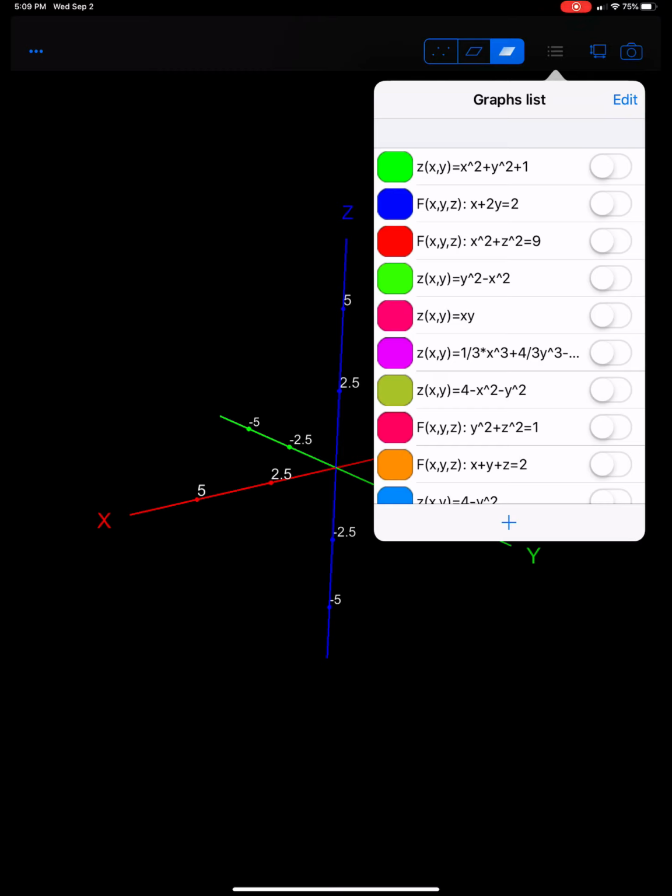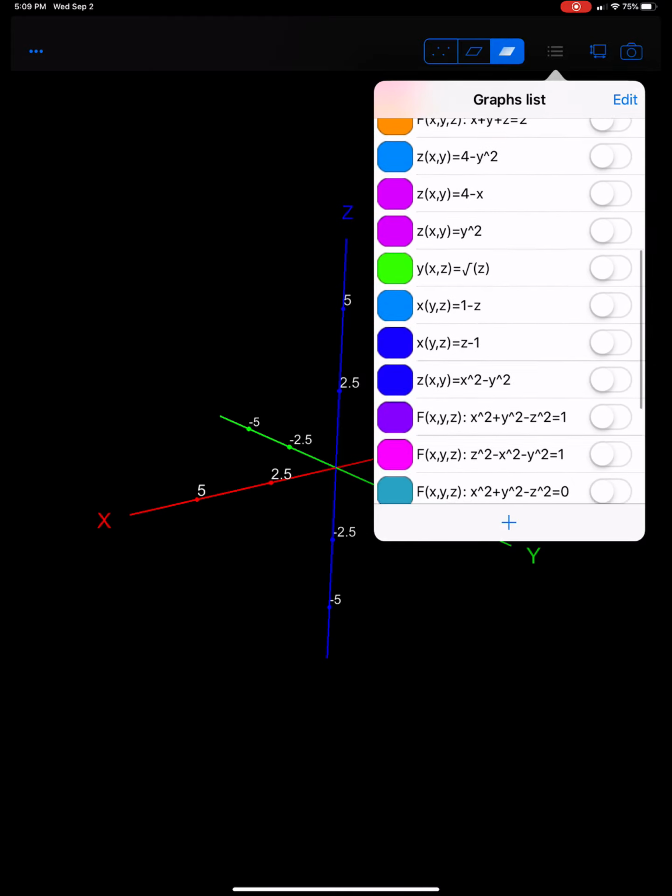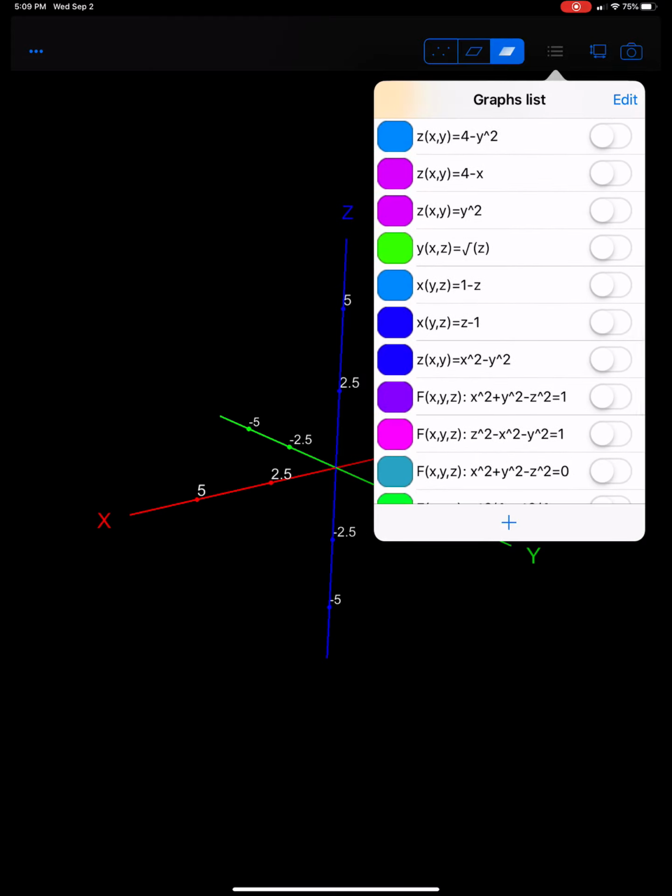So z equals 4 minus y squared, that should be like what we had before, a parabola that opens down. So look at this blue one right there at the top. Write down 4 minus y squared. That should be a parabola that opens down, up 4 units, but the x variable is missing.